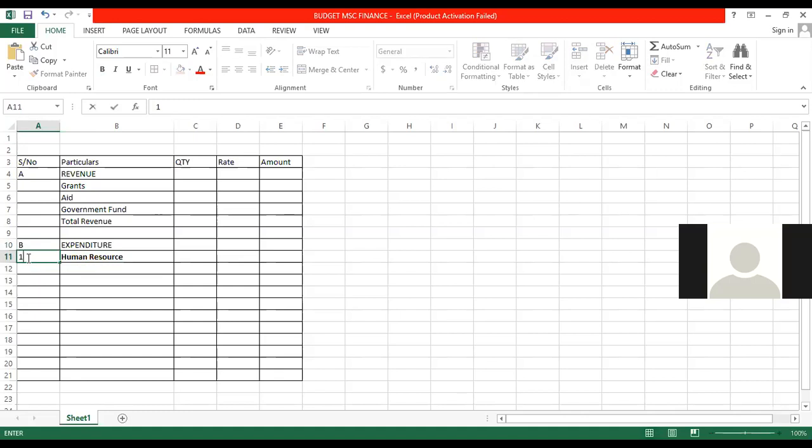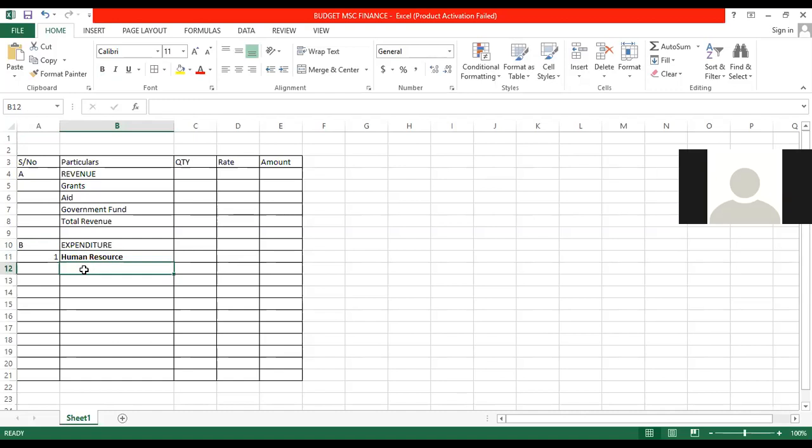We call this one... And under human resource, we can have maybe directors' salaries, and we can have managers' salaries, and we can have accountant.